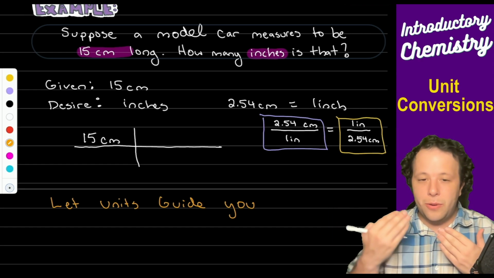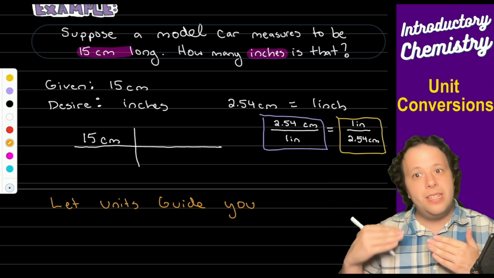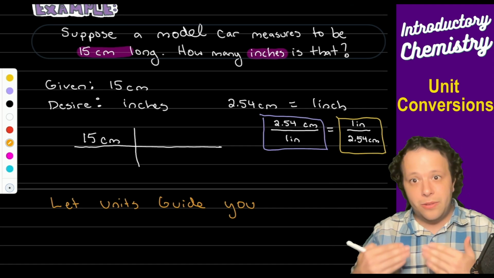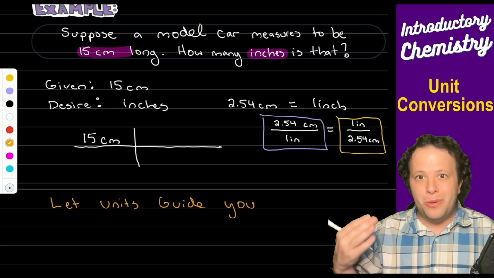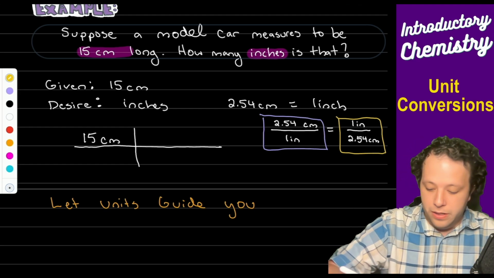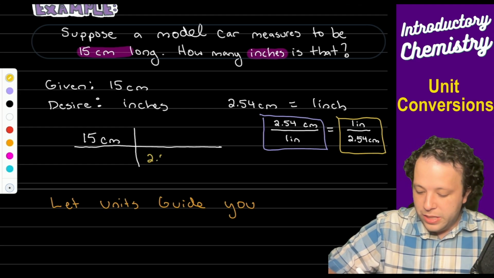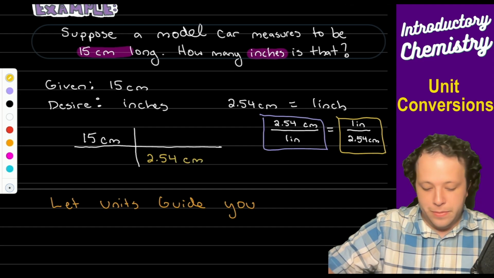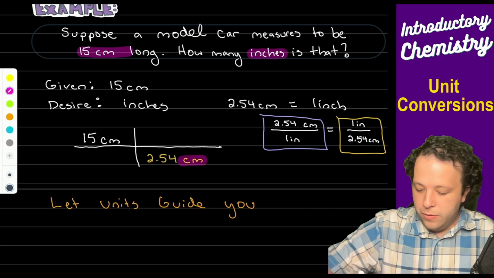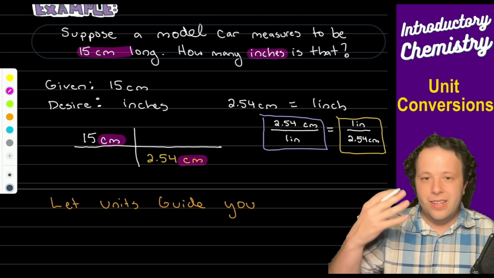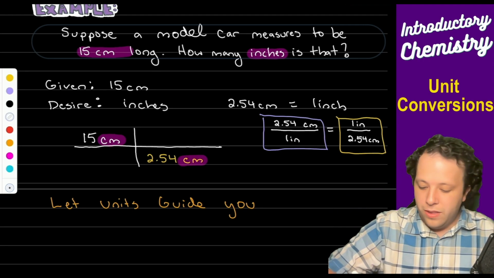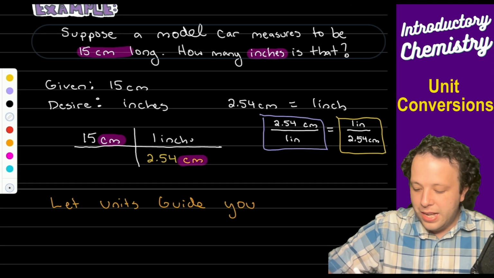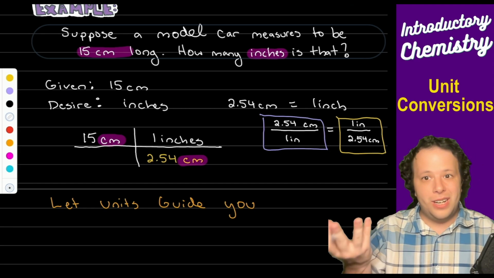In this case, we have centimeters on top, so centimeters needs to cancel here as well. So if we look at our two fractions where we have purple and yellow, the yellow one has centimeters on bottom. So we can see that centimeters cancel centimeters, leaving us with only inches as a result. So that's our final unit.